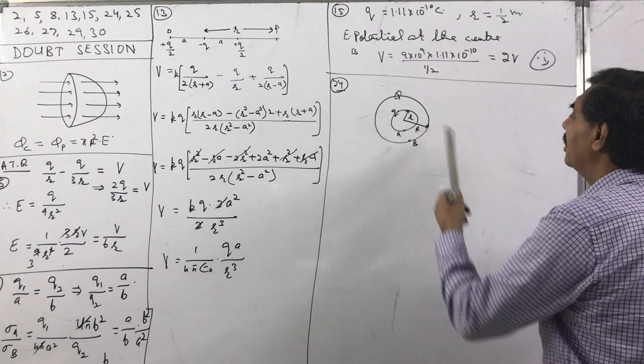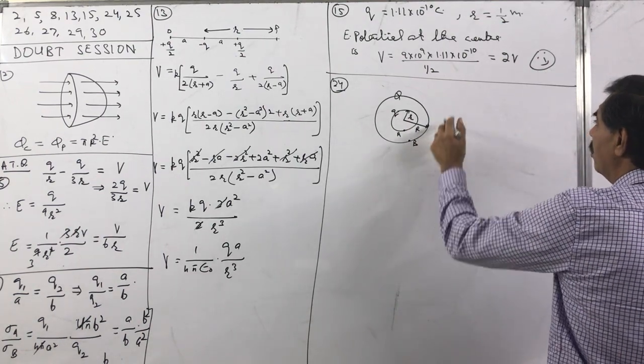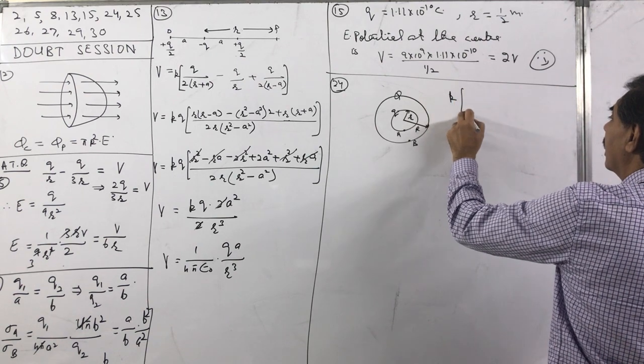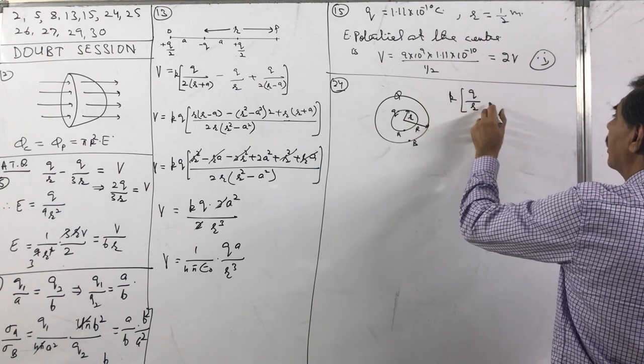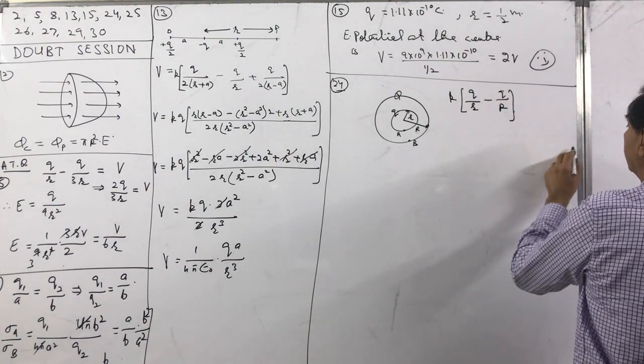Thus, the only potential difference between A and B is due to the charge q, which is going to be K into q by r minus q by R. That is your answer.